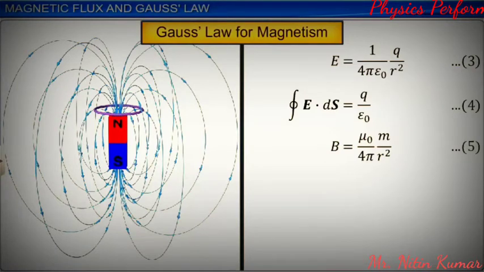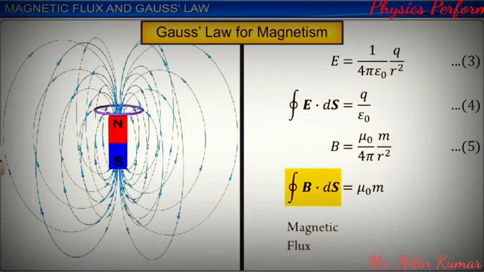By observing the Gauss' law for electrostatics, we can write Gauss' law for magnetism as integral over a closed surface B dot ds is equal to mu naught times the net pole strength enclosed by the closed surface. Here, integral over the closed surface B dot ds is the magnetic flux, and m is the total pole strength enclosed by the closed surface.